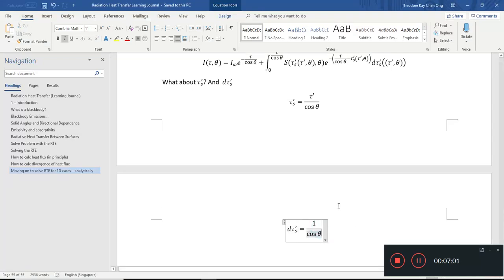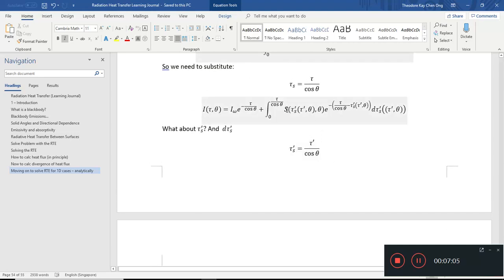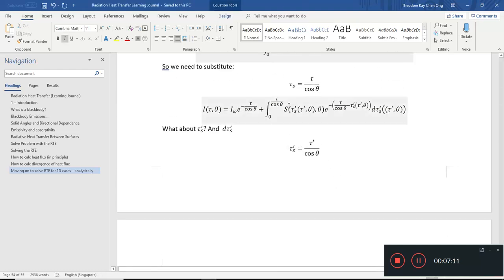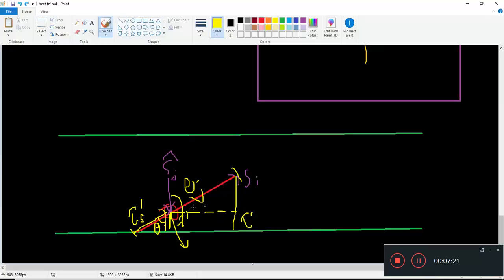But in this integration, the inside variable theta doesn't change with tau prime s. Tau prime s can only change up and down this line.